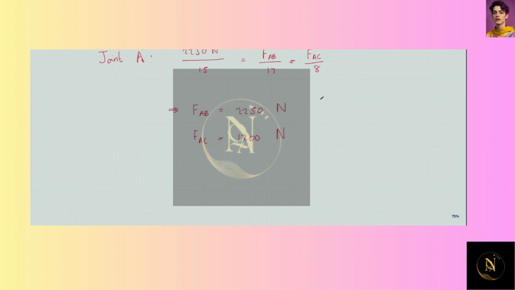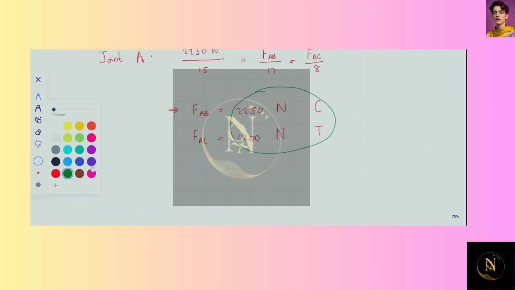F_AB is compression and F_AC is a tensile force, or tension. So there we have the next two of our forces.